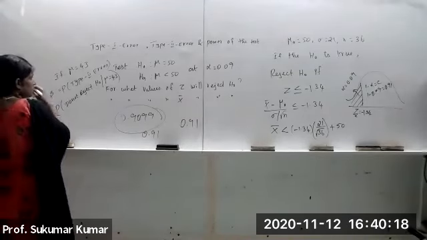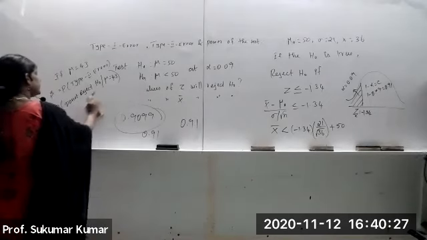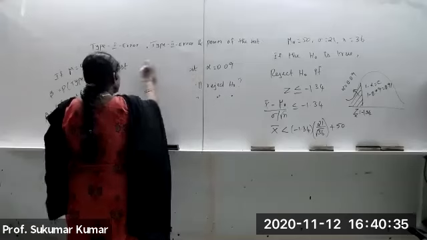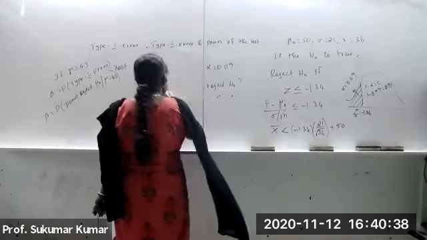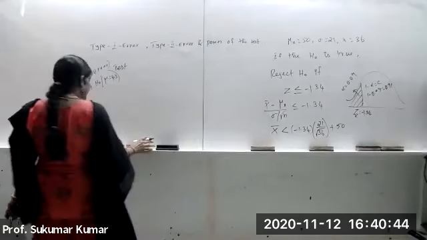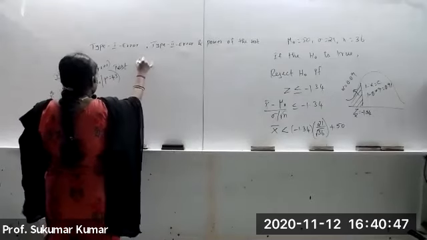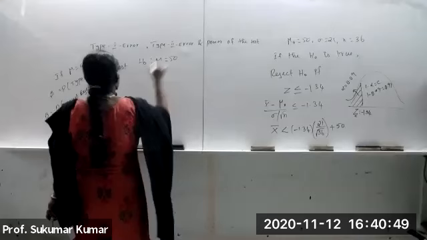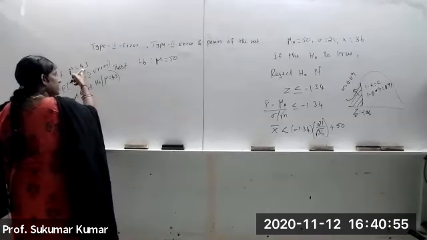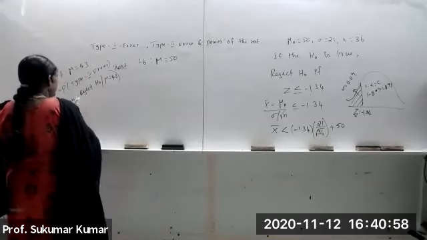We need to solve the probability of not rejecting H naught if mu is 43. Type 2 error means H naught is false and we do not reject H naught. This is the general meaning of type 2 error. Here H naught says mu equal to 50, but the given mu value is 43, so this is false, and we do not reject H naught.